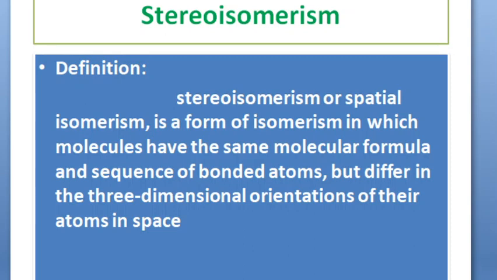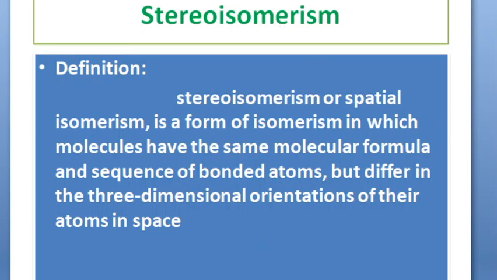Except for that, everything else remains the same. What differs is the orientation of atoms in space. The molecular formula and connectivity are the same, but the spatial orientation of atoms differs. Then they are referred to as stereoisomers.